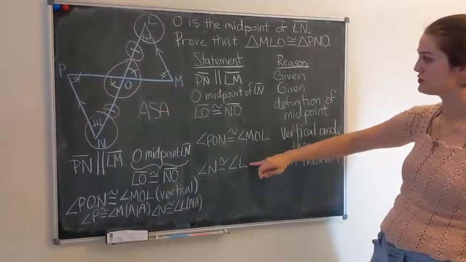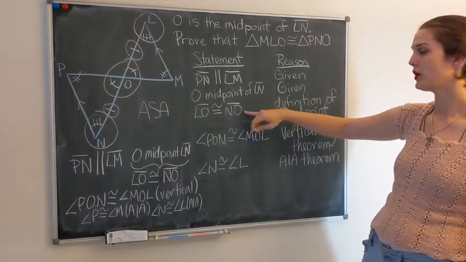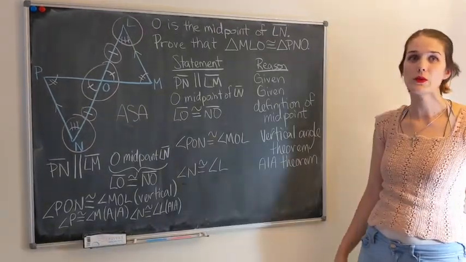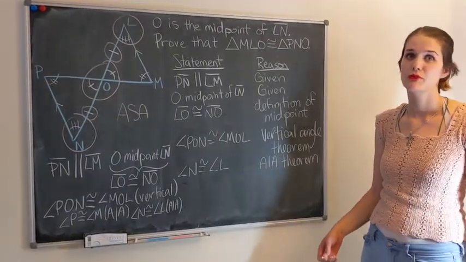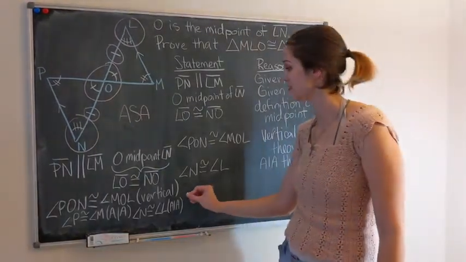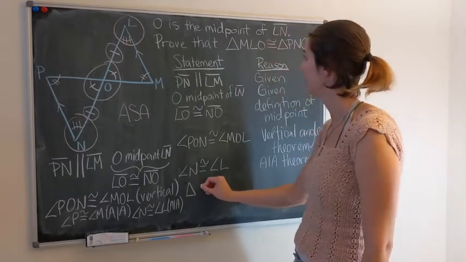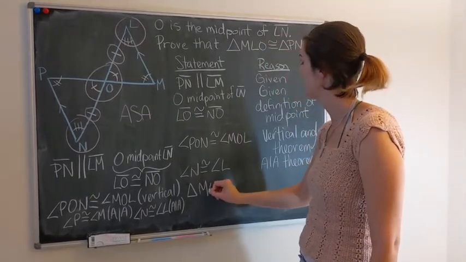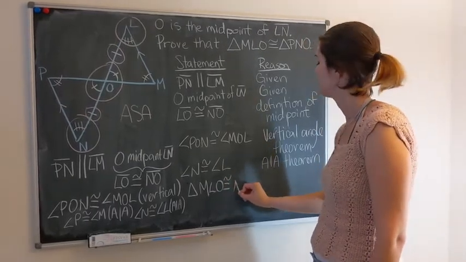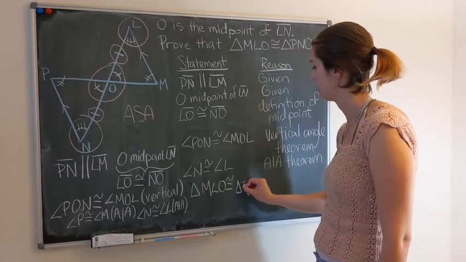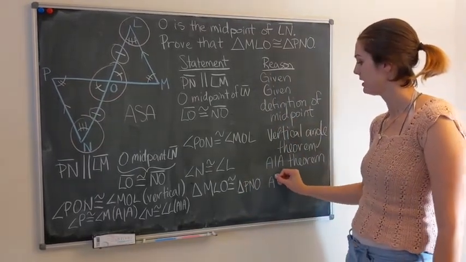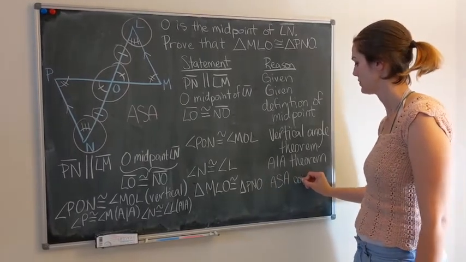So now we have our two pairs of congruent angles, our one pair of congruent side lengths, and we're ready to finish out our proof. We always want to end our proof by stating what we have proved. So the last line of our proof is going to be that triangle MLO is congruent to triangle PNO, and that's by the angle side angle congruent criterion.